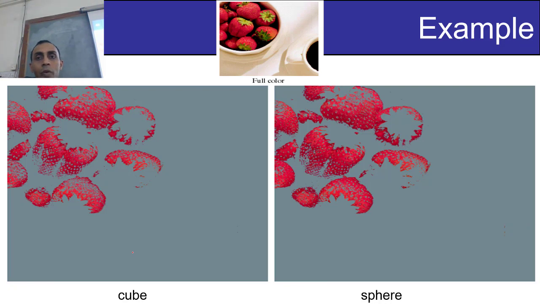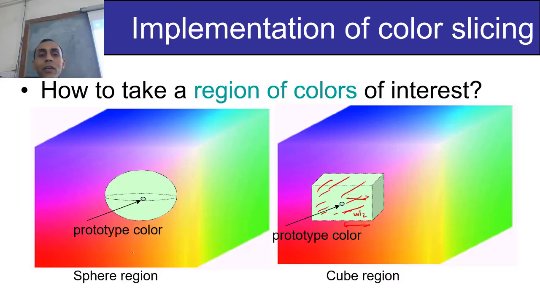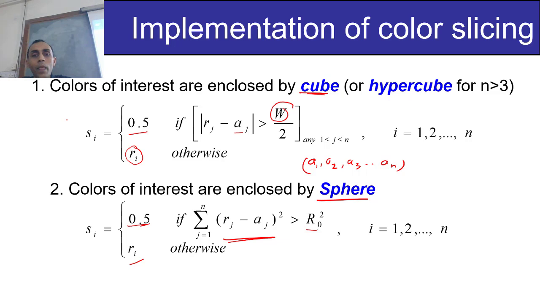So this is an example of doing color slicing. We are doing this when we are using an RGB color space. Remember, this is our RGB color model. If you are using the HSI model, we will have to do it slightly differently.